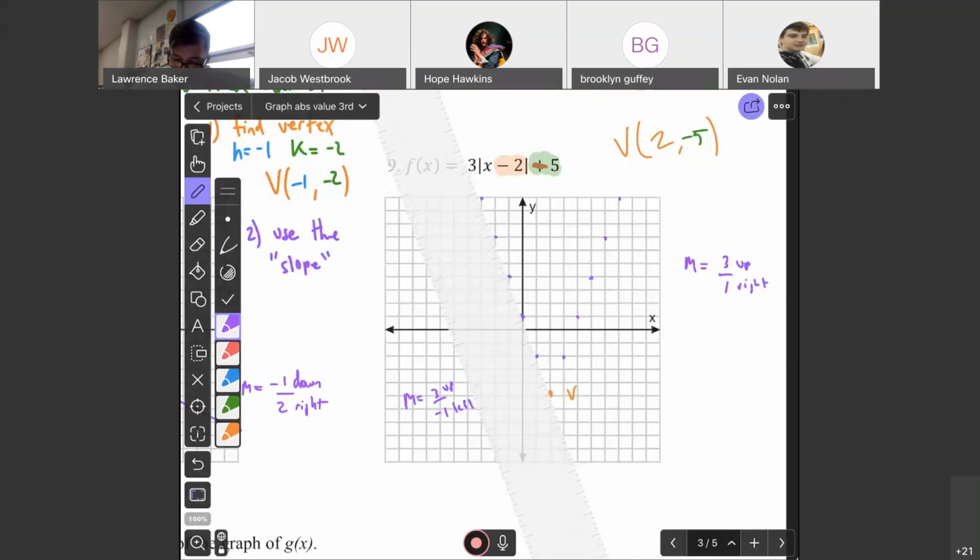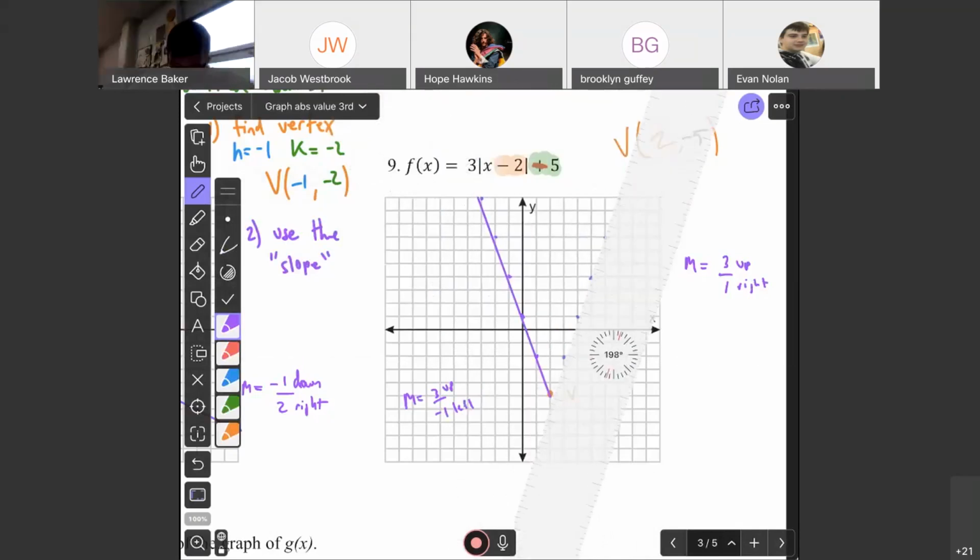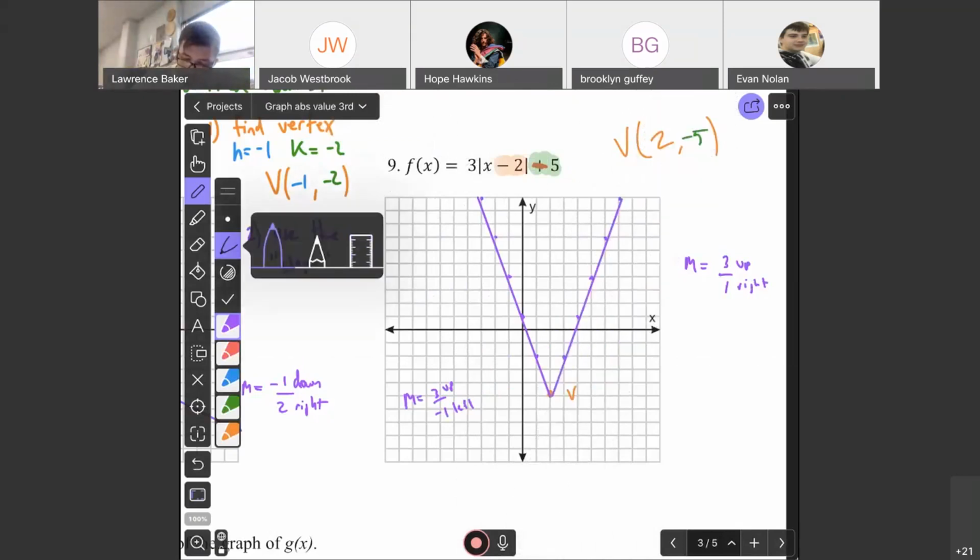Then use your straight edge and draw that line. Just put arrows at the end of those.